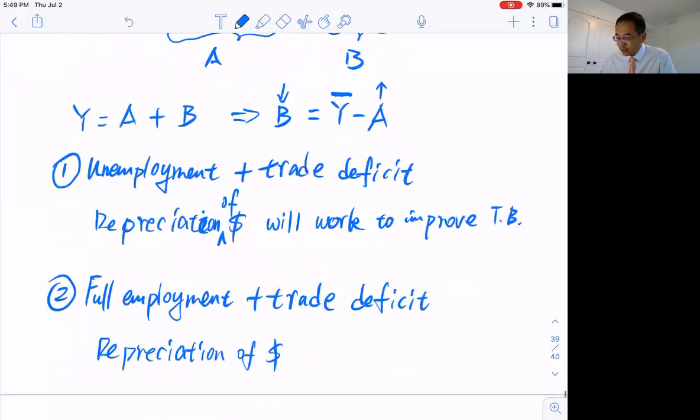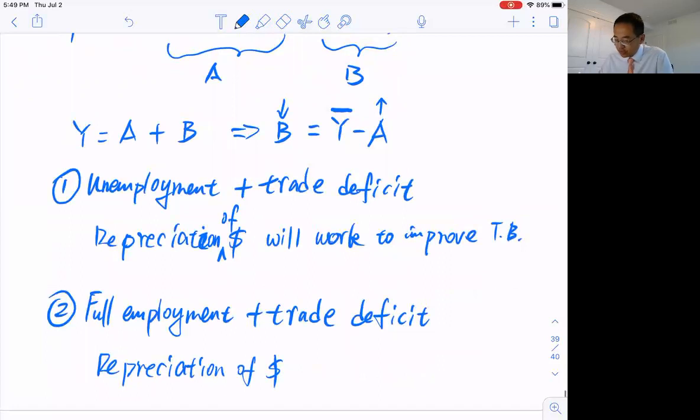So in this case, when we have full employment, depreciation of the dollar actually leads to a worse trade balance. So it will not work. So from the absorption approach, depreciating our currency will help us only when we have unemployment, only when our economy is not at full employment. I hope that makes sense.